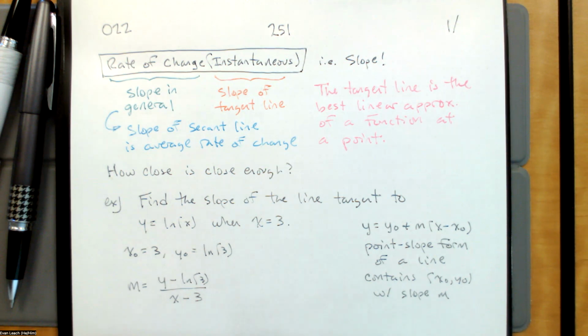So whatever the y is, I'm going to subtract the natural log of 3 to find the rise. And then x minus 3 is going to be the run.